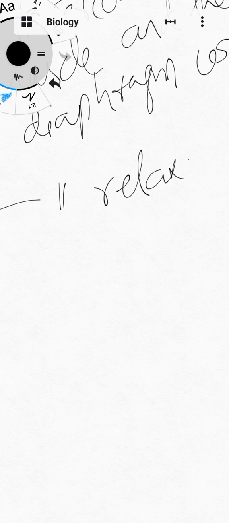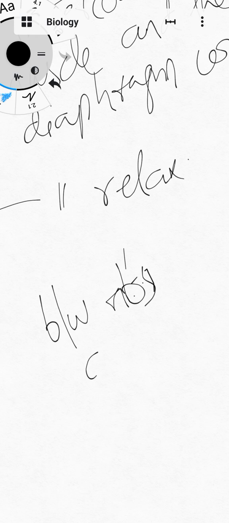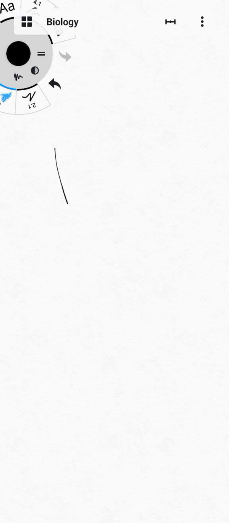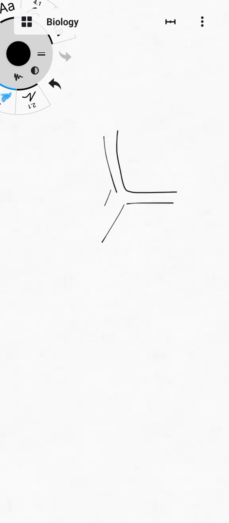Basically, the intercostal muscle is a muscle present between the ribs and lungs. When you talk about the diaphragm, for example, these are your lungs. Like I told you yesterday, this is the trachea, the windpipe, these are the bronchi, and then you have bronchioles and all of that.